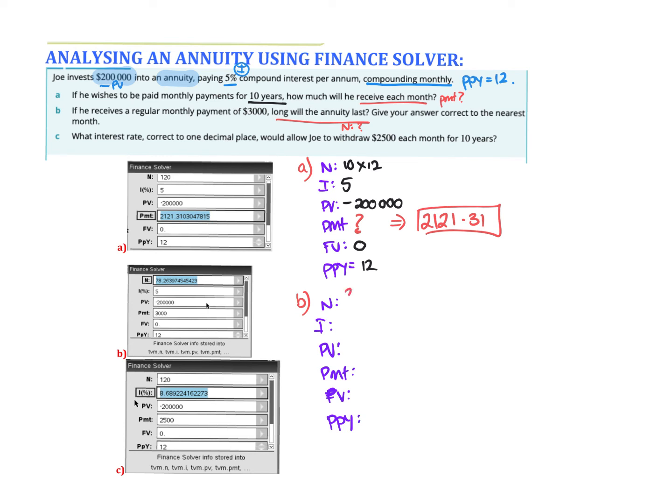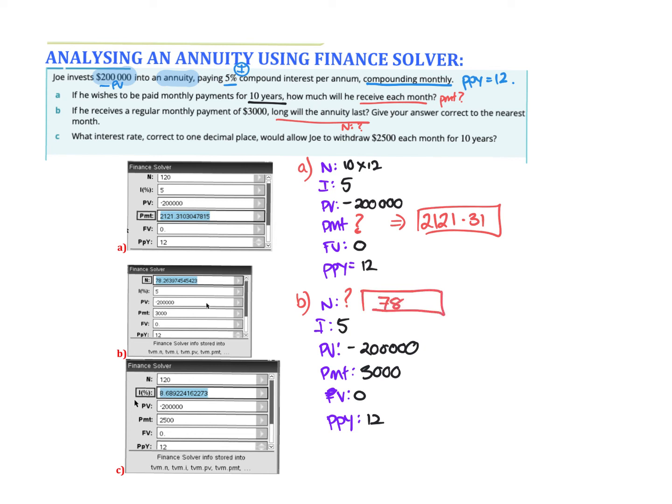Just put, all right, N is the question, so I should have everything else. The interest rate didn't change, what he invested didn't change, the payment did, and he was receiving a positive 3,000. We wanted to see how long it lasts, so we'll zero it off, and 12 months, and you can see there, it says 78.26.